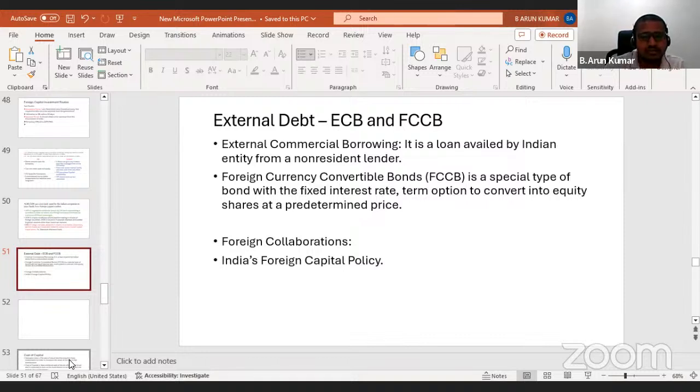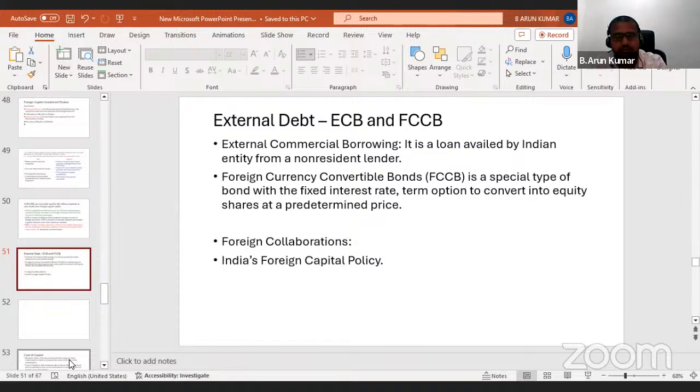So this foreign collaboration is nothing but when an Indian resident company and a foreign company collaborate for a specific purpose. If that specific purpose is completed, the task is completed, this collaboration also winds up.